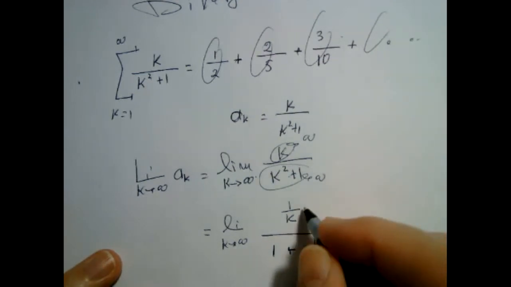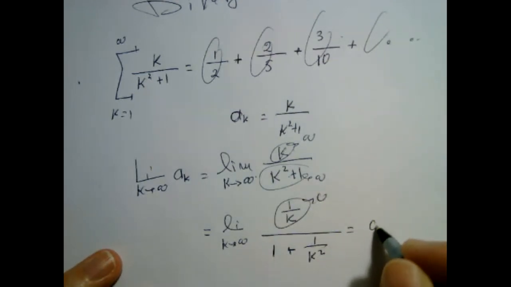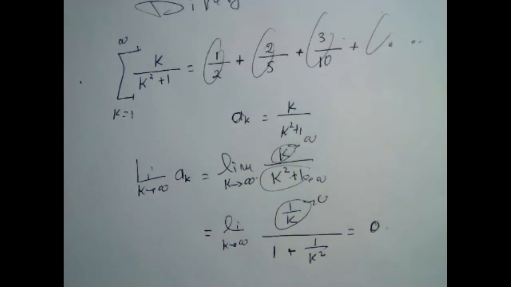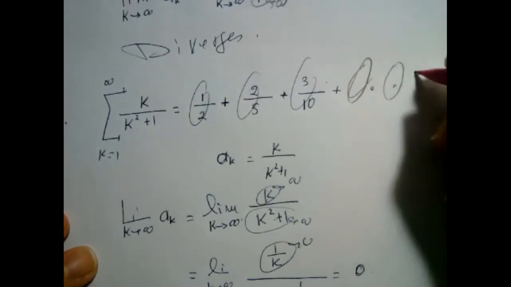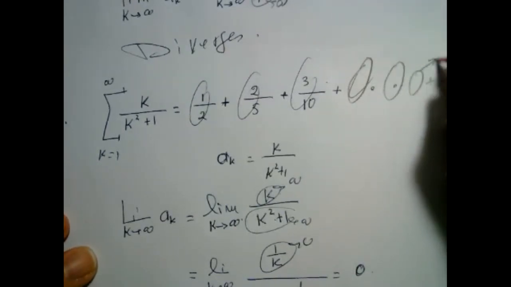This goes to 0, this goes to 1, so the limit is equal to 0. So the terms, the individual terms, are going to 0.